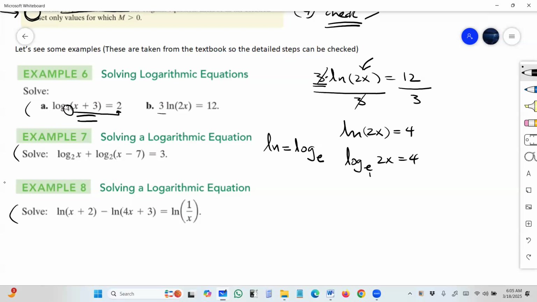Instead of 4, I have a base e that goes on the other side. Now these two will cancel. I have 2x equals e to the fourth, right? This will become the new exponent. And then I divide both sides by 2. Okay, you don't need to evaluate e to the 4. This is perfectly fine as my final answer.